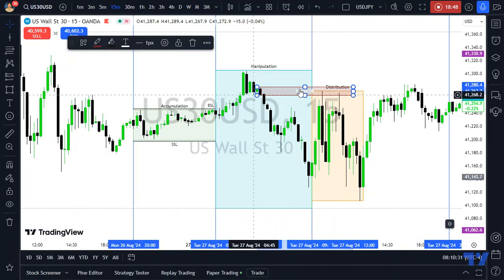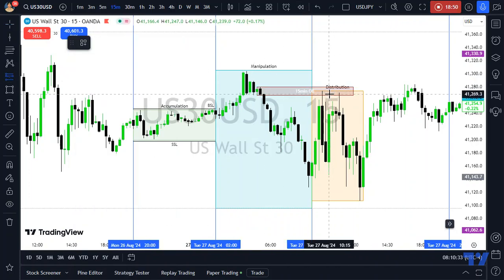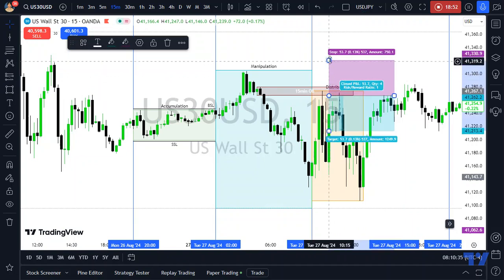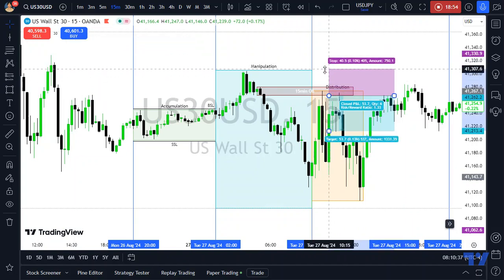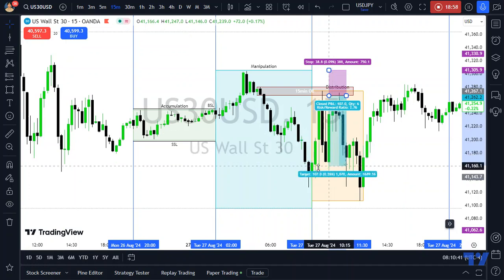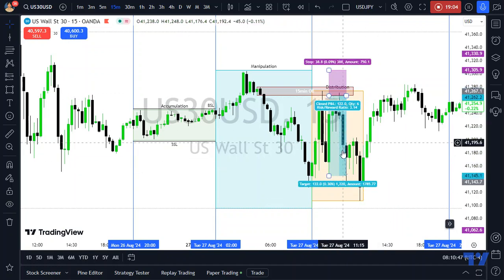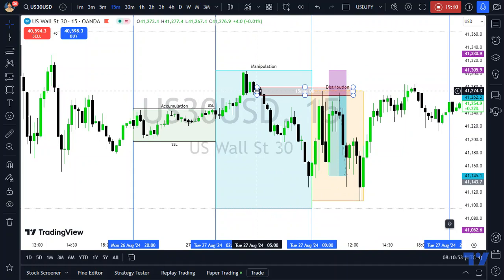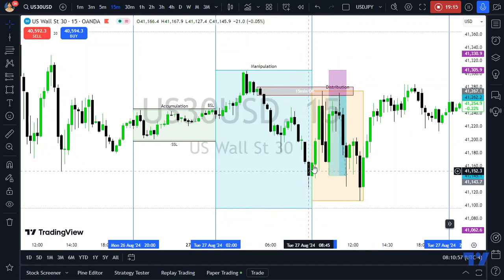I'll have an entry set at this order block, my stop loss would have been above this high, and I would have targeted this liquidity resting below this low right here, which is a support area as well. As you can see, price tapped into this area in our distribution phase, and a higher time frame POI on the 15 minute was left behind for us to then take an entry.